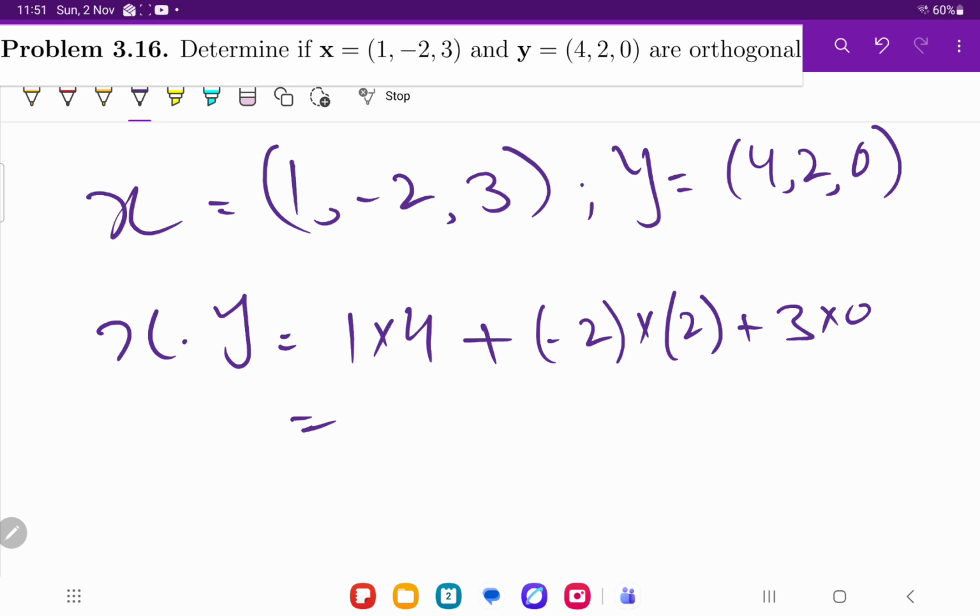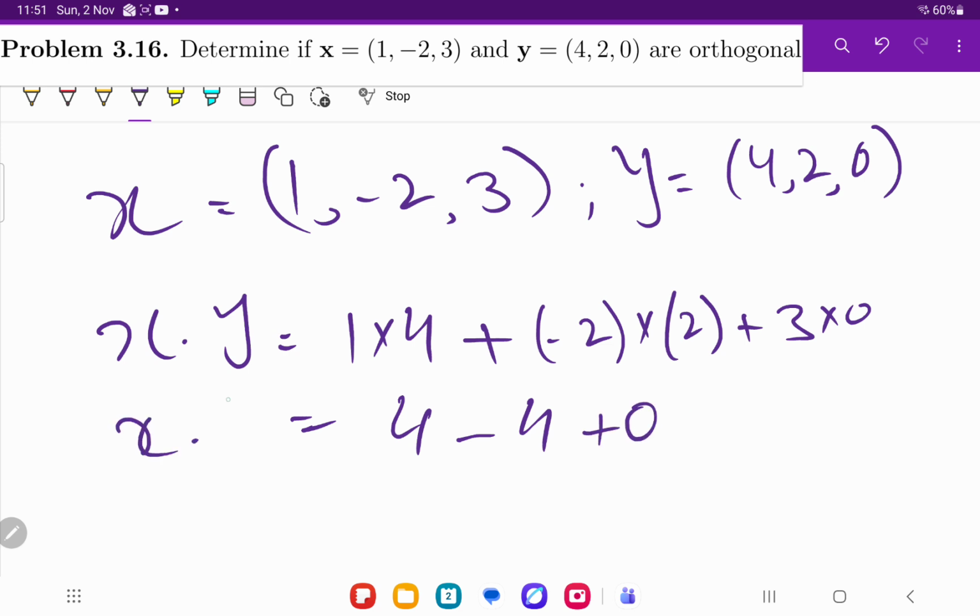So in exercise question 3.16, the dot product is calculated this way, element by element multiplication. 1 multiplied by 4, answer is 4. 2 multiplied by minus 2, answer is minus 4. 3 multiplied by 0, answer is 0.